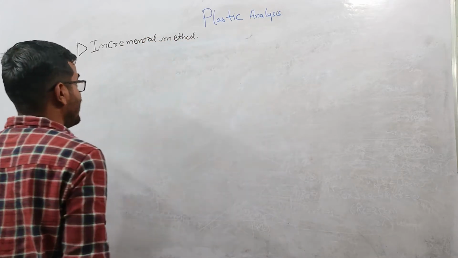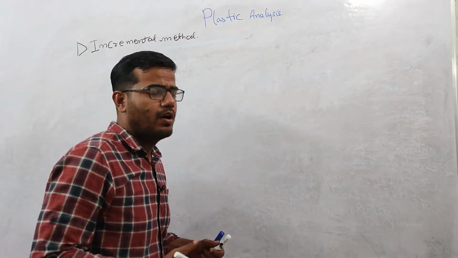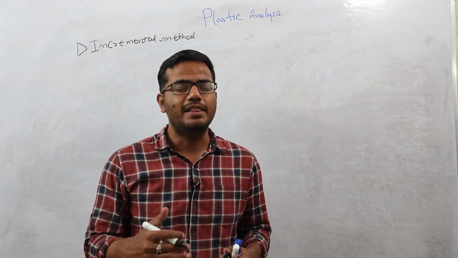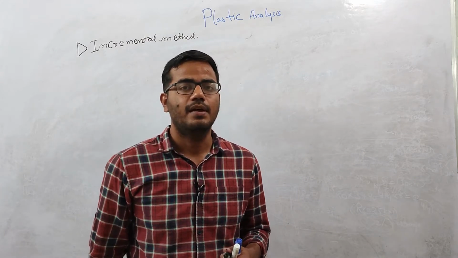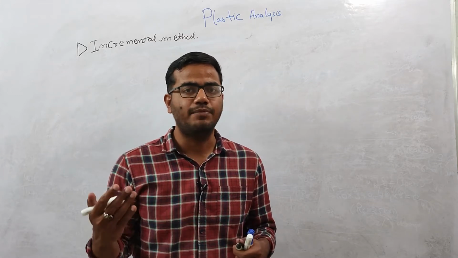Why are we calling it the incremental method? Because we are increasing the loads. We increase the load till the formation of the first plastic hinge, and this increment will continue till the collapse of the structure.